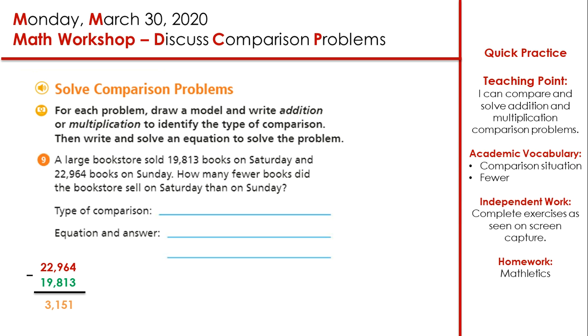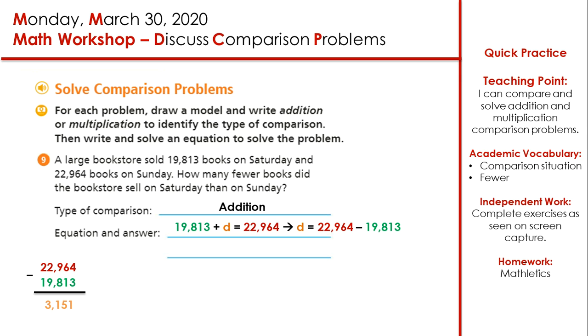Remember that addition and subtraction are inverse operations. They cancel each other out. So if I have a situation where I have subtraction, I can actually represent this as an addition. So if I identify this one, the type of comparison would be addition.